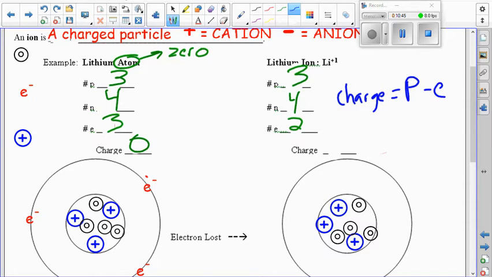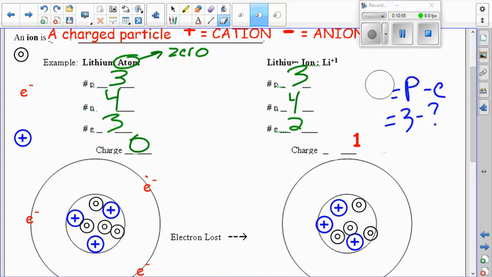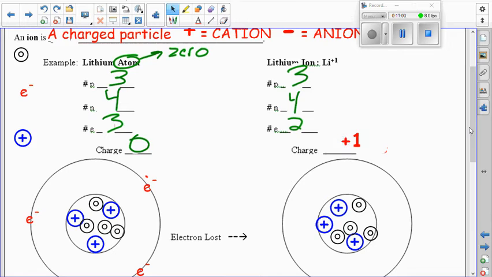He's thinking, okay, I'm told it's a +1. I know it's got 3 protons, so 3 minus what equals +1? 2. Now, I'm sure some of you guys were tempted to put a 4 there for electrons, but if you're focusing on that equation, you'll know it's only 2 electrons. So I grab a couple of these, plop, and plop.